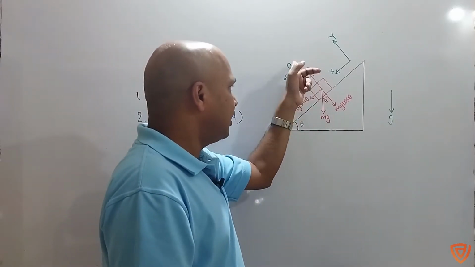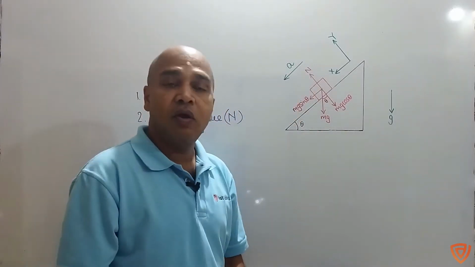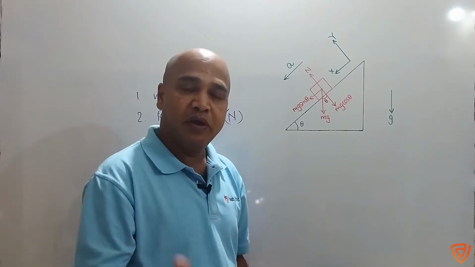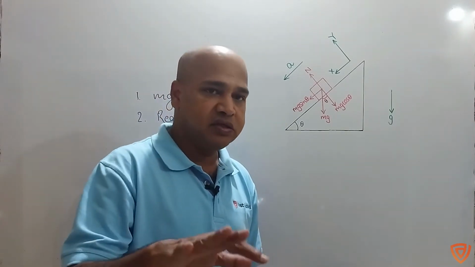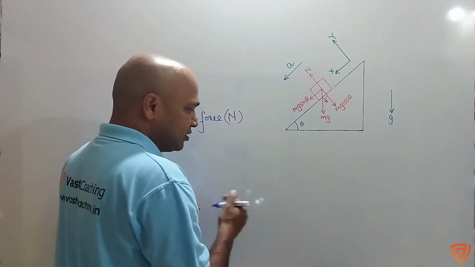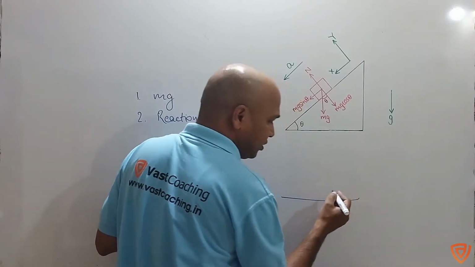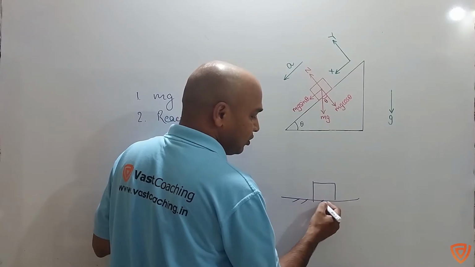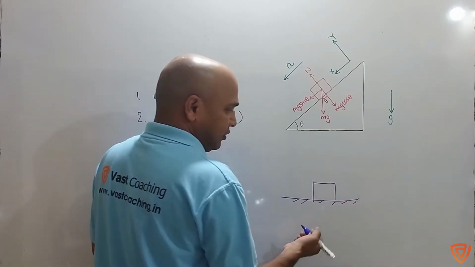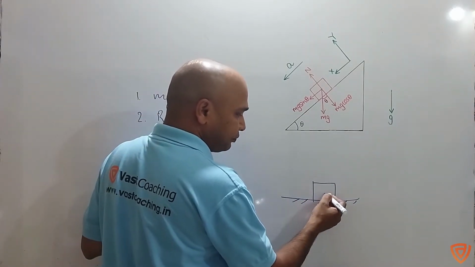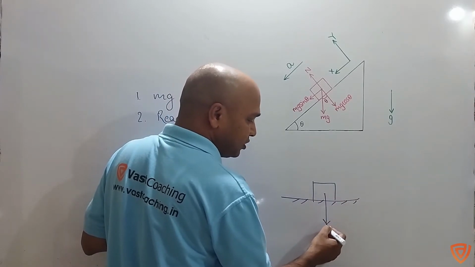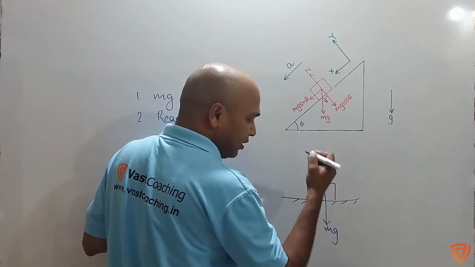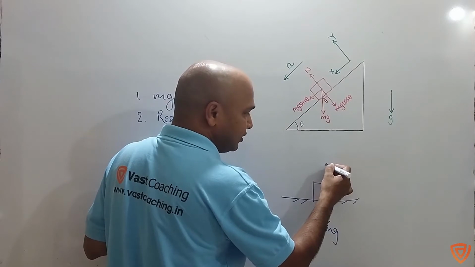N, which is your normal reaction, will always act perpendicular to the plane where the block is kept. So in the earlier example, where the block was kept at rest on a horizontal plane, weight was acting downwards like that, and reaction was upwards like that.